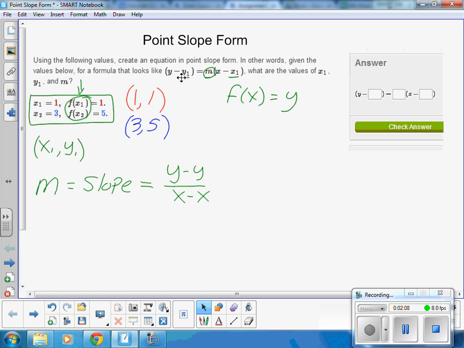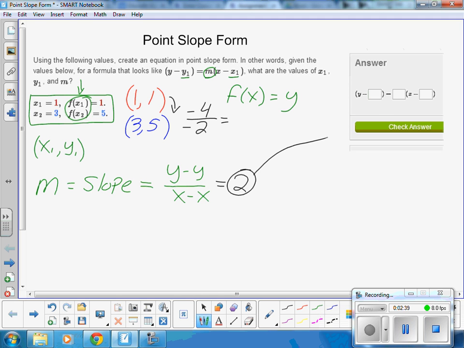Now to actually fill in our answers, finding the slope, we go y minus y over x minus x. Doing that math, going this direction, 1 minus 5 is a negative 4, and 1 minus 3 is a negative 2. So that gives us the slope of 2.